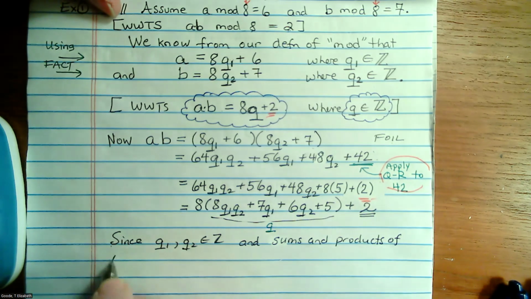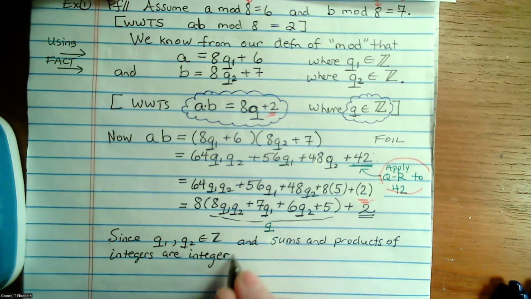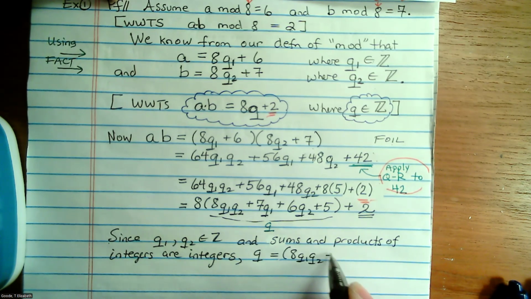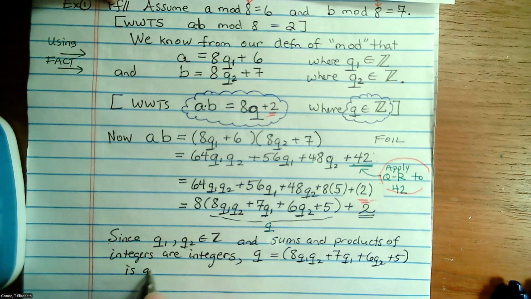Try to write these both ways so you can pick. In WebAssign, they say sums and products of integers are integers. Q equals 8Q1Q2 plus 7Q1 plus 6Q2 plus 5 is an integer.